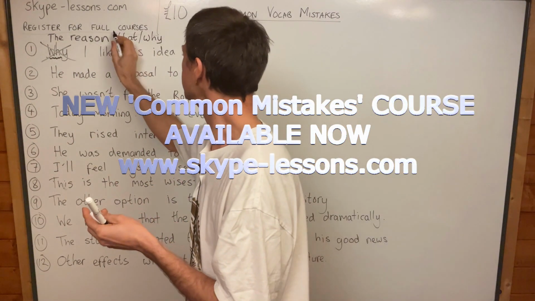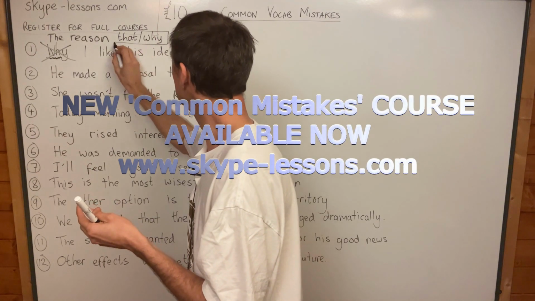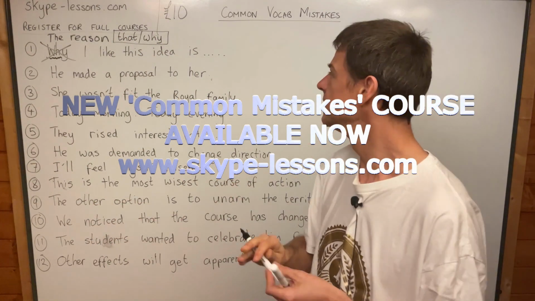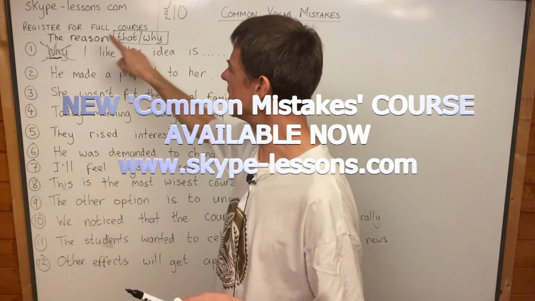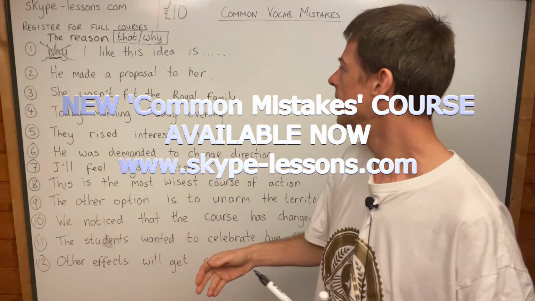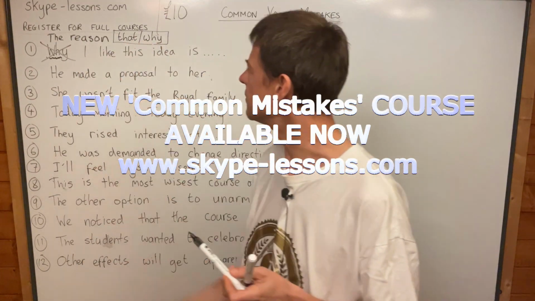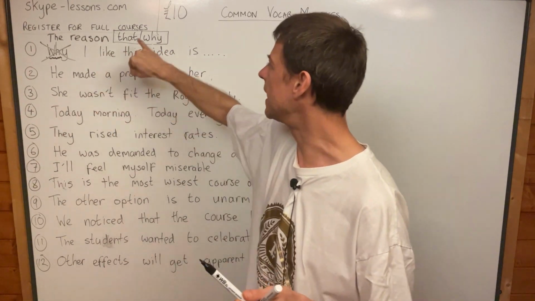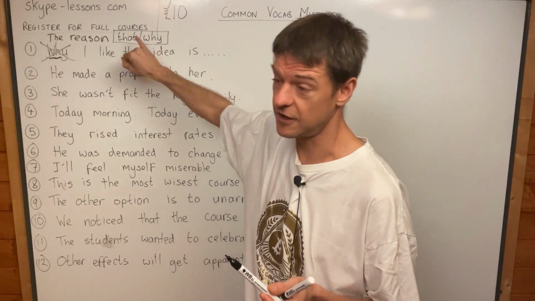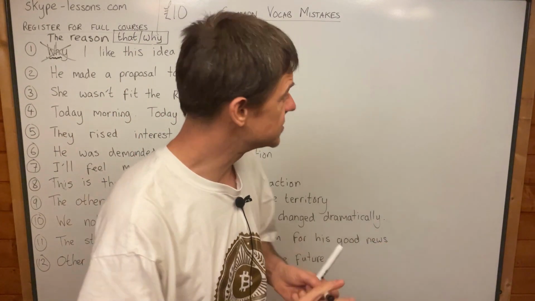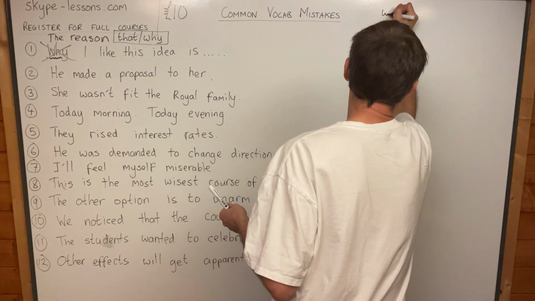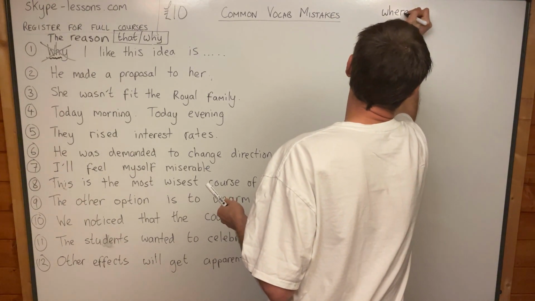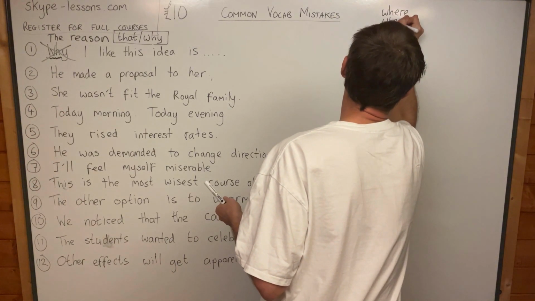A student asked me on one of the platforms where my courses appear: is "why" acceptable here? Can you say "the reason why"? I suppose that in his language, you can't. You can only use the relative pronoun "that" and not the relative adverb "why". Well, in English nowadays, you can use "where", "when" and "why" in relative clauses.